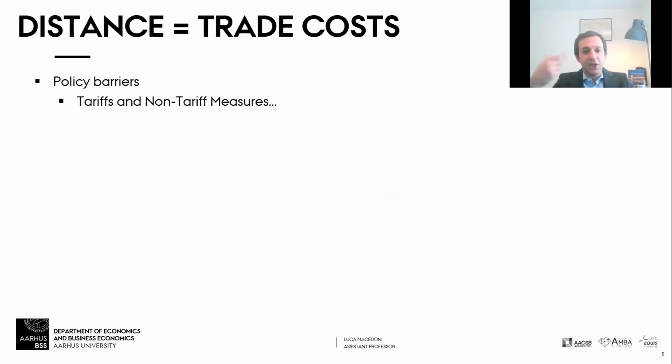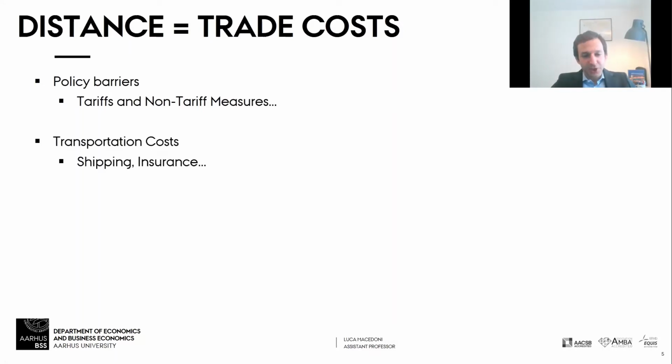Tariffs and non-tariff measures involve all sorts of regulations, from the rules that control the type of electric plug that you allow in a particular market, to all the paperwork that you must file if you want to export some goods in, say, the European Union, as we've discovered with Brexit. Those are all policy barriers that reduce bilateral trade flows.